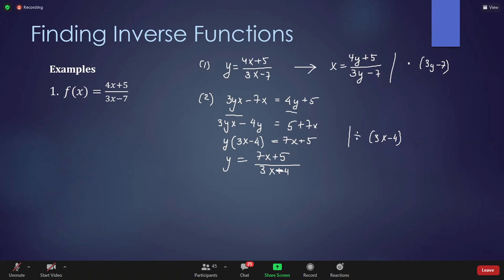So interestingly enough, you might notice that if we compare the two functions, the given function and the inverse function now, 3 and 5 are actually in their old places. And what happens to 7 and 4? They change places and also they change signs.